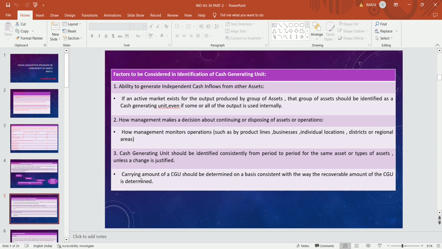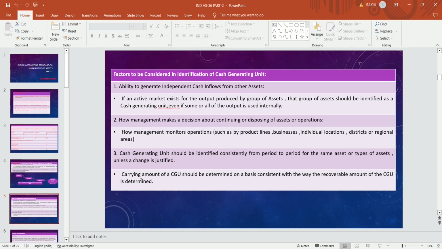The answer is, if an active market exists for the output produced by the group of assets, if a market exists for that output which is produced from the group of assets, then that group of assets should be identified as a cash generating unit.